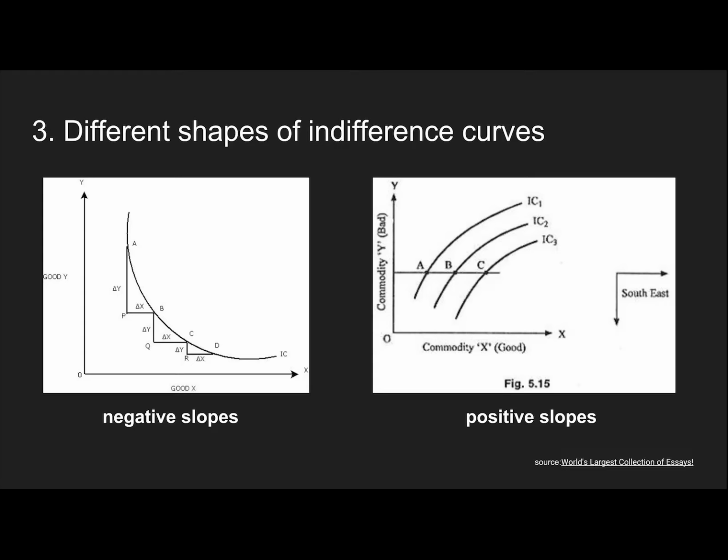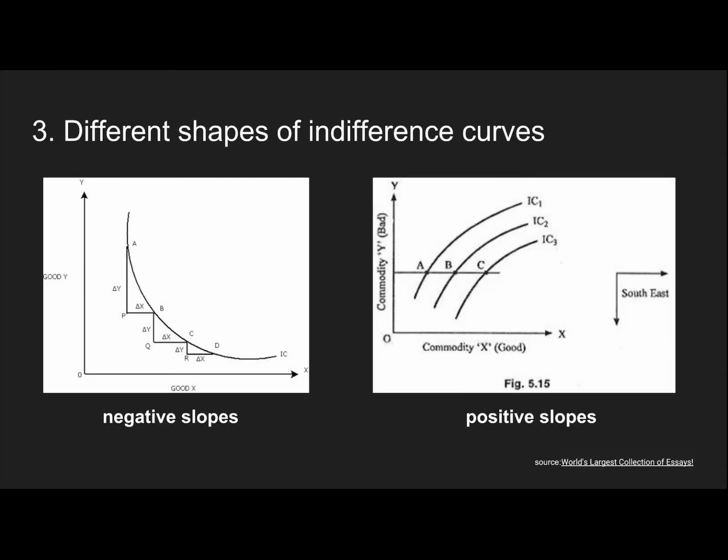And also, you can see the arrow on the graph. The arrow indicates the preference direction. The rightward arrow means you prefer X. The more X you have, the better off you are. And the downward arrow indicates you don't like Y, meaning the less Y you have, the better off you are.